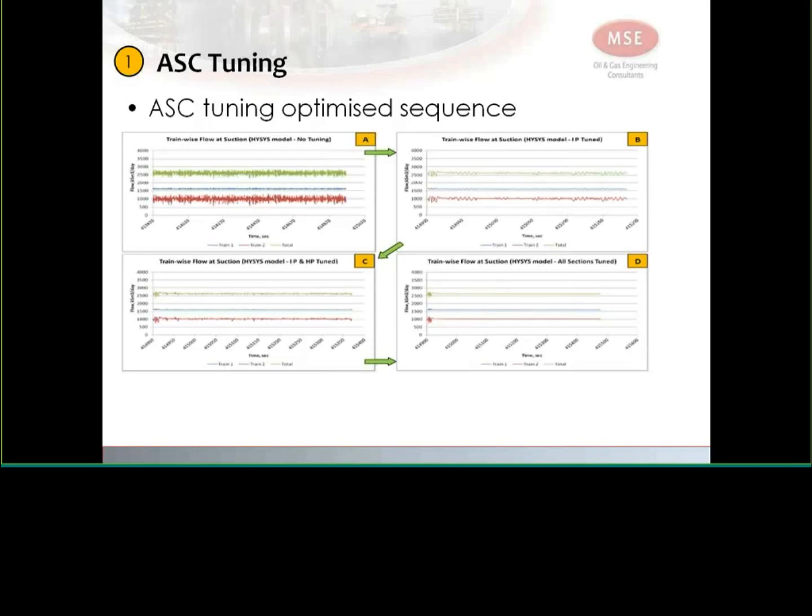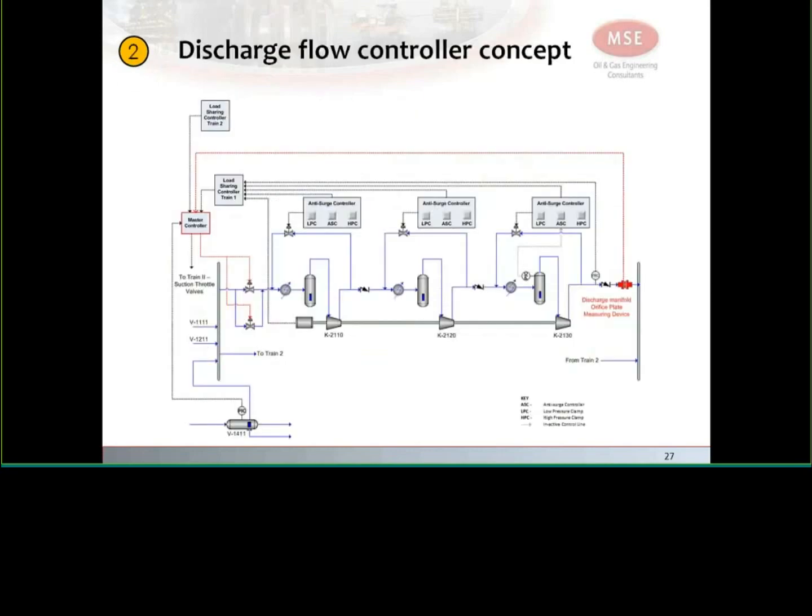And then in future, when there is time and when there is going to be a prolonged shutdown, this could actually be done automatically. So we modified the logic of the load sharing controller. The logic that we suggested is based on the export meter reading, which is a signal that is fed to every single one of the controllers anyway, but at that moment was not actually used to do anything.